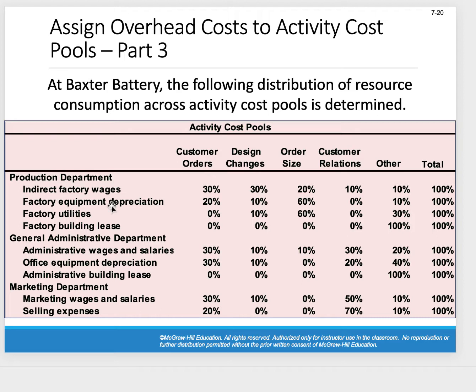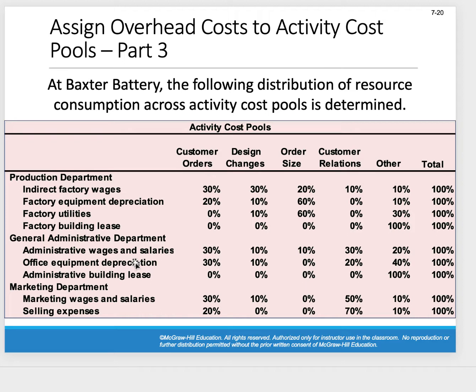Okay, factory equipment and depreciation. How much of that is consumed by preparing customer orders? Maybe 20%. Okay. We do the same thing with the general administrative department, right? We go to maybe the office manager and say, okay, out of all these administrative wages and salaries, how much of that cost is consumed by dealing with customer orders? Probably about 30%.